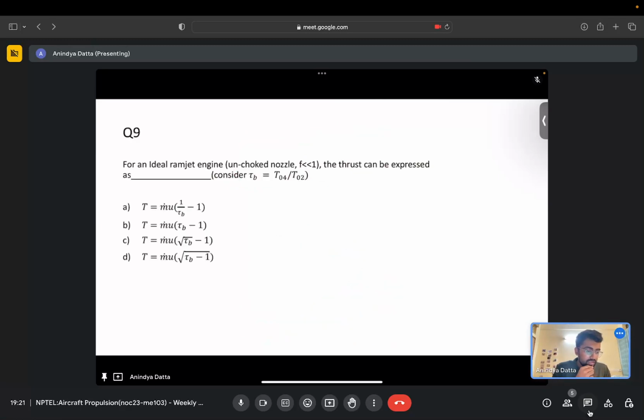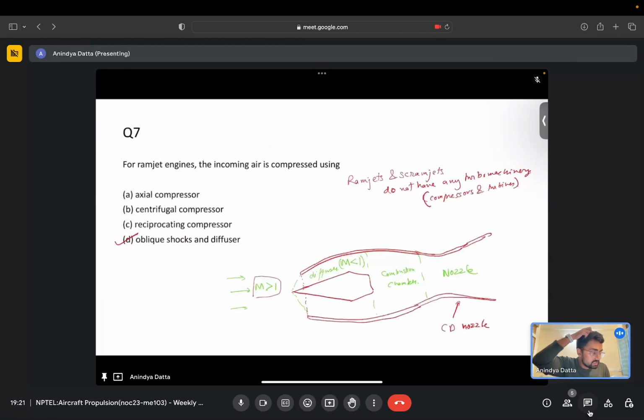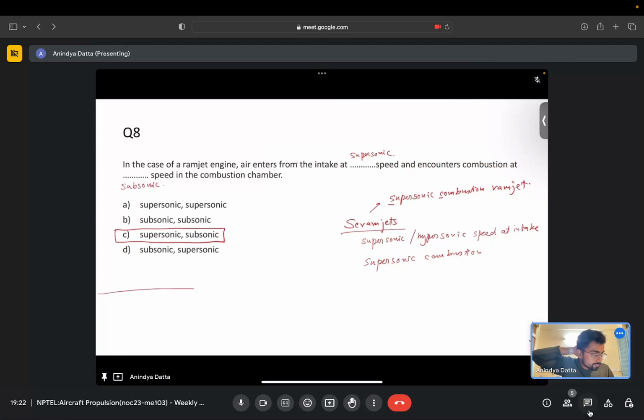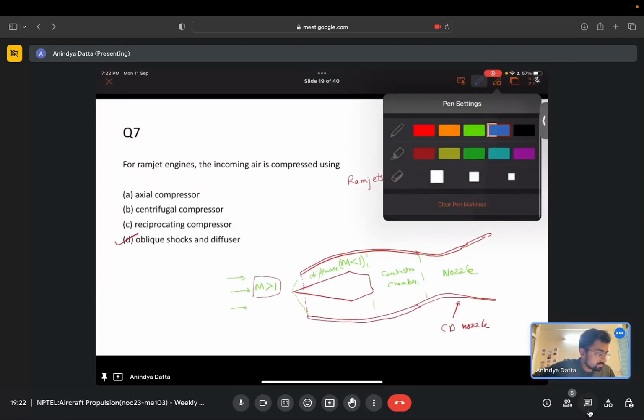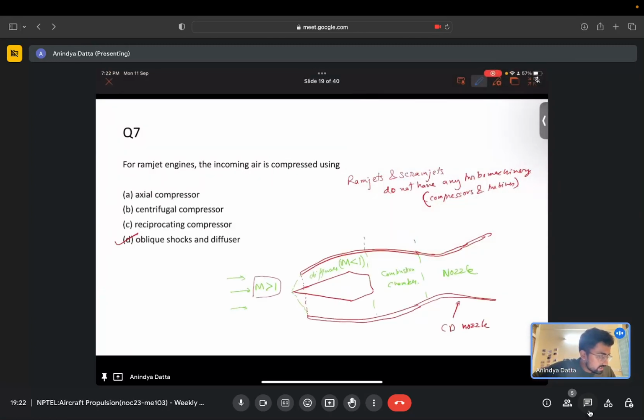Next question: for an ideal ramjet, the conditions are the nozzle is unchoked and the fuel air ratio is much less than 1. The thrust can be expressed as... we are given that pi b is the temperature ratio T04 by T02. Let me go back and say what T02 and T04 are. Remember what the professor discussed in the lectures.